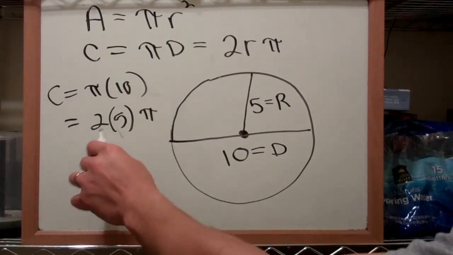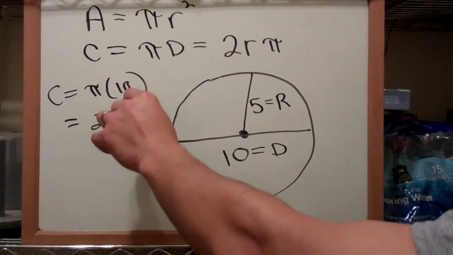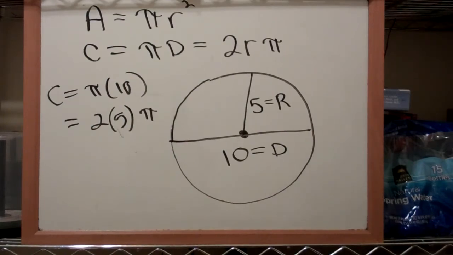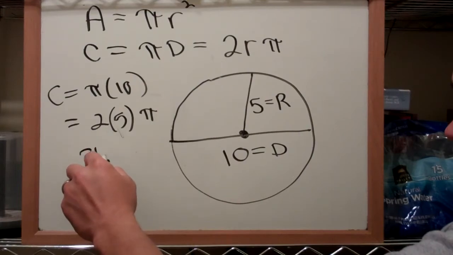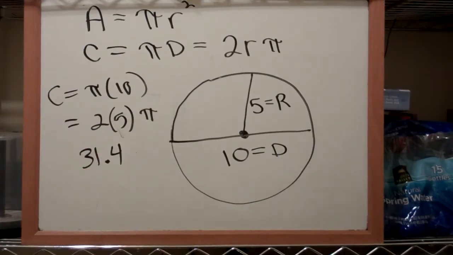And here you see that the 2 times 5 is going to end up being the 10 anyway. So 10 times 3.14 would be 31.4 units for the circumference of the circle.